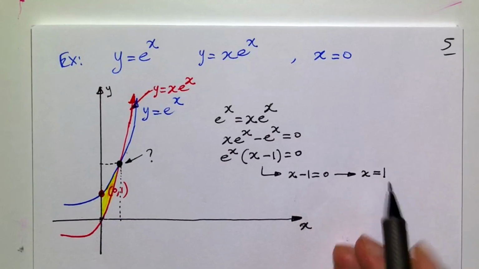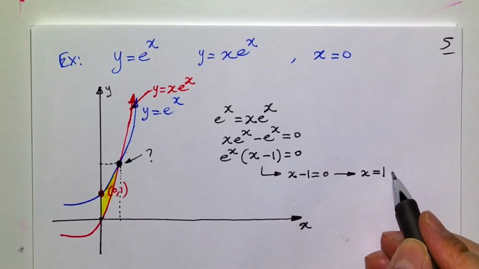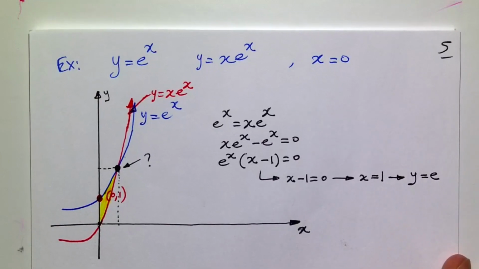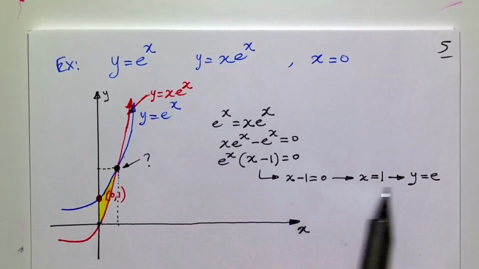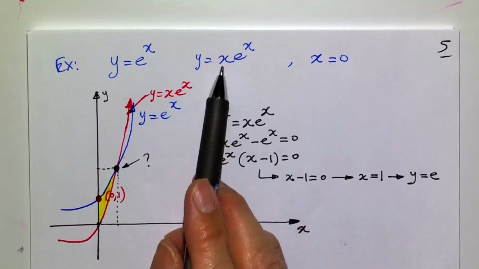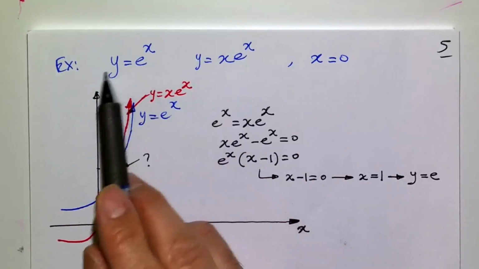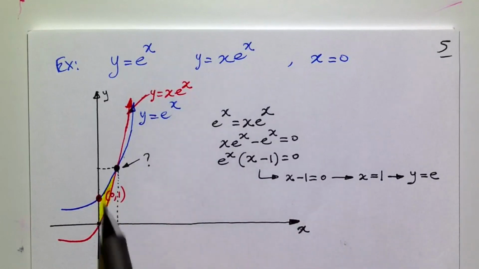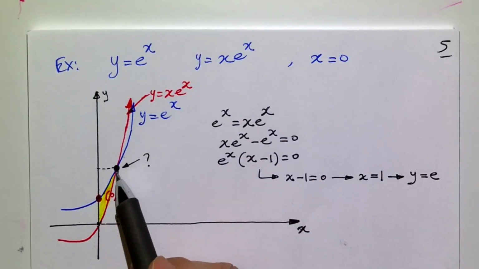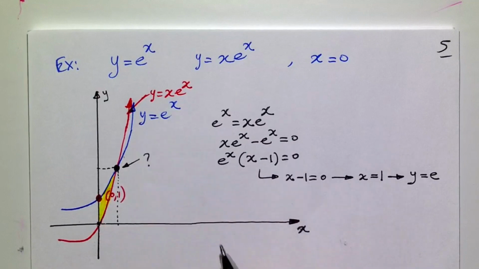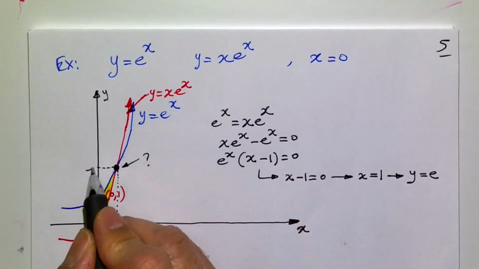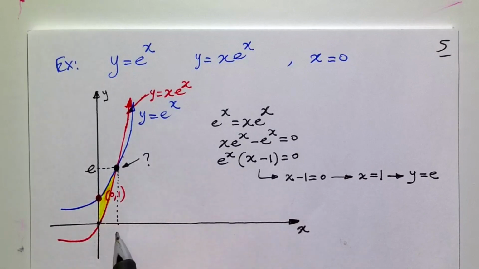And if x equals 1, that means y has to be equal to e. You can just substitute x with 1 in both equations and you're going to get e, as you should, because the point of intersection is common to both functions. So the function value y is e, and it happens when x equals 1.